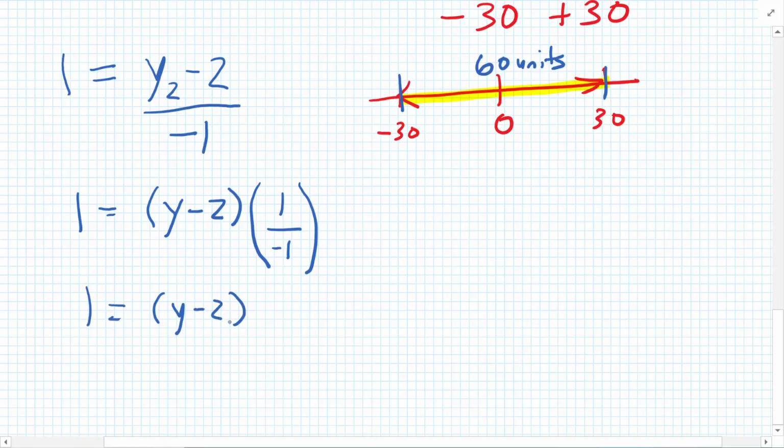Y minus 2 over the number 1 times 1 over negative 1.